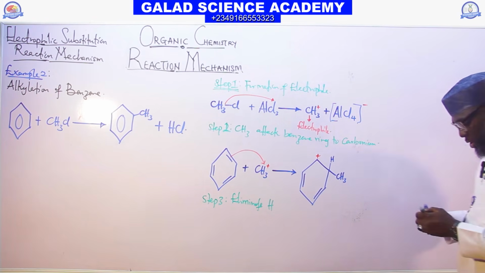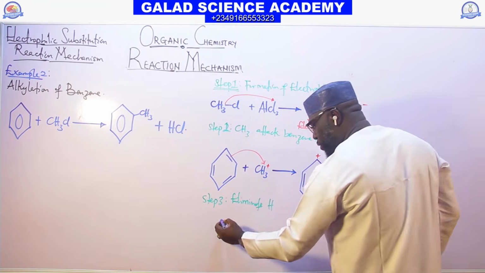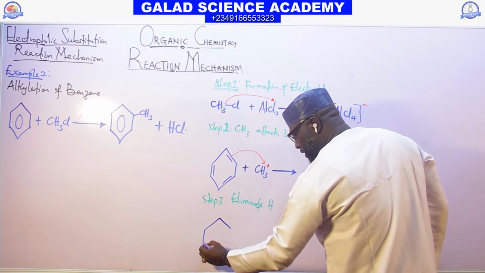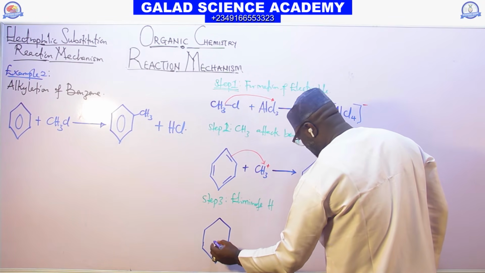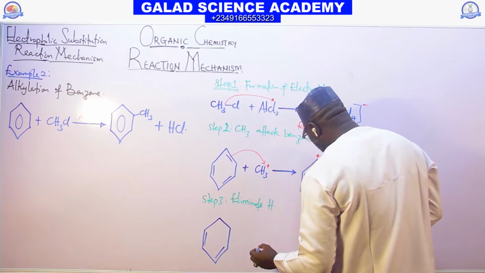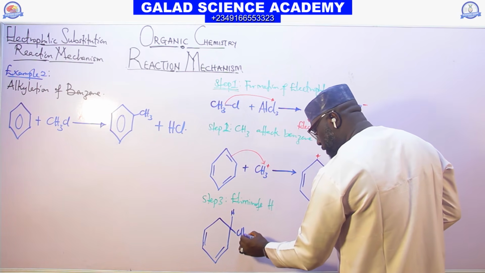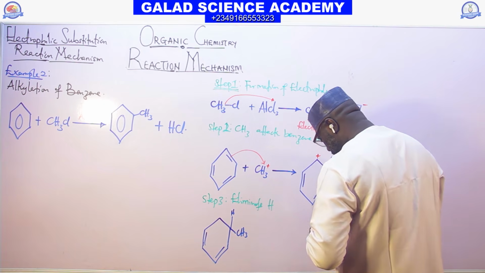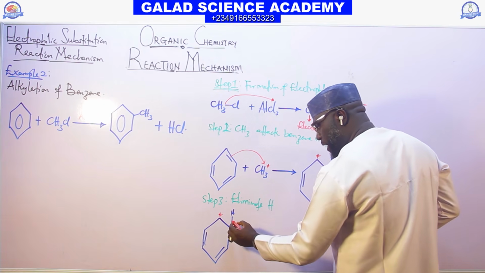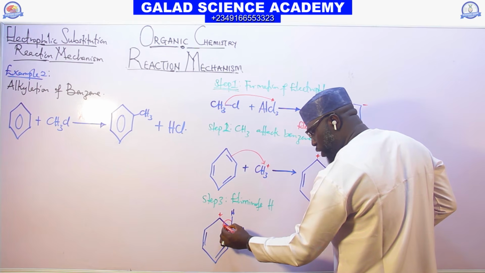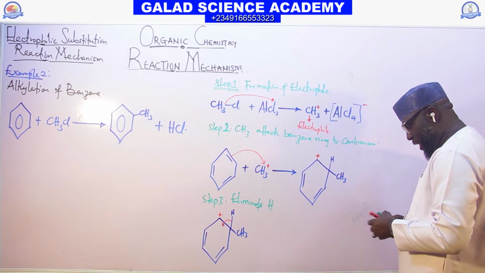By eliminating the hydrogen atom there, the carbonium ion we have here is in this form, with this methyl. Don't forget we have plus here. This bond will come back to this side.